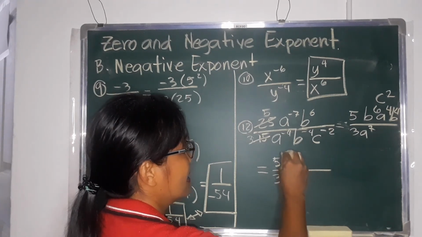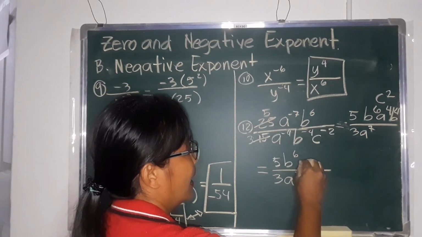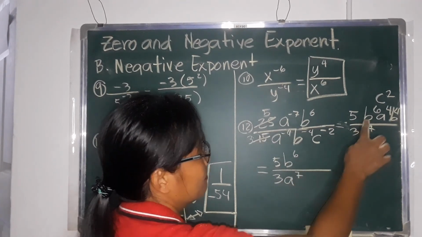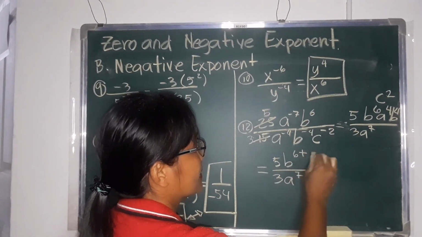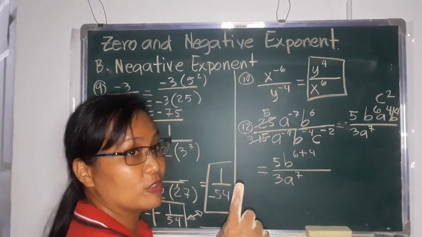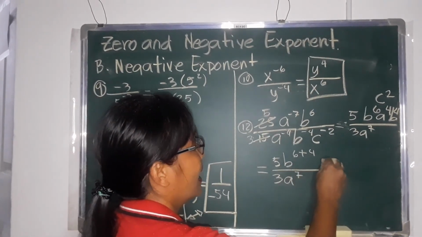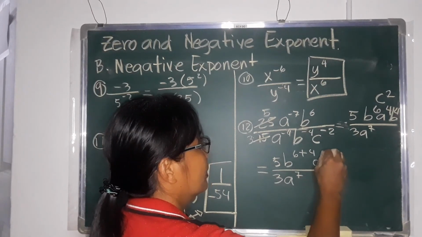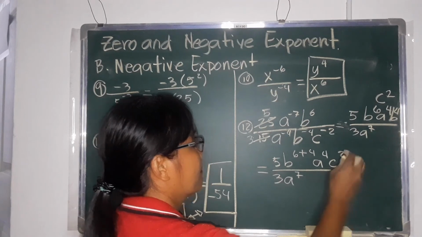Next, we have b to the 6 and b to the 4. So we'll simply add their exponents. So 6 plus 4, first rule of exponents. And then a to the 4th power, and then c squared.